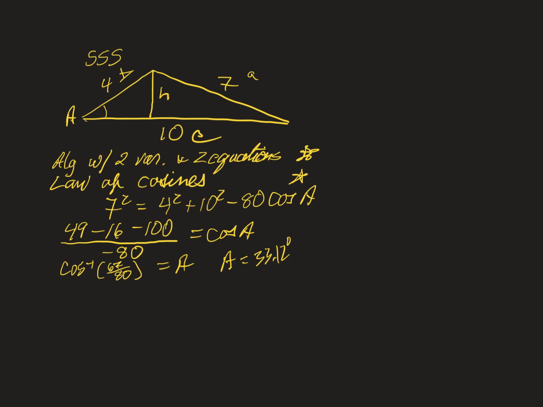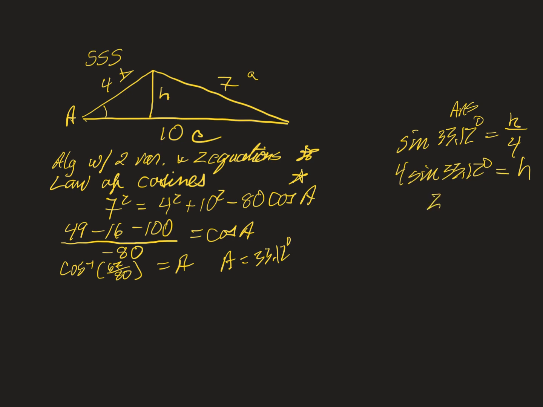So sine of 33.12 degrees, now remember, this is the answer on my calculator, is equal to the height over the hypotenuse, 4. So 4 sine of 33.12 degrees is equal to the height. And so I can multiply that. So I do 4 sine answer, right? And that's my height.